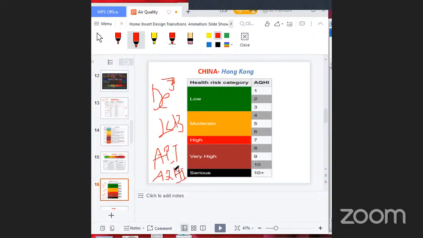This index is reported by the Environmental Protection Department, EPD, and is measured on a scale of 1 to 10 plus.